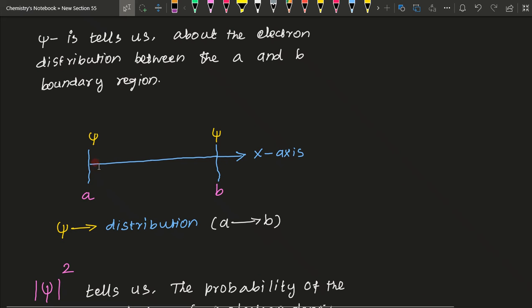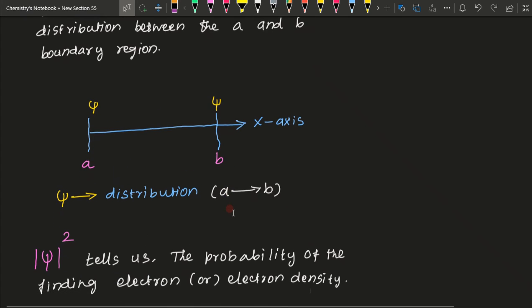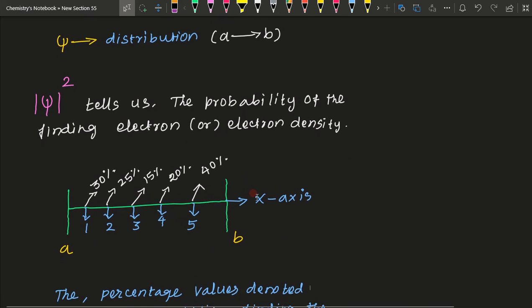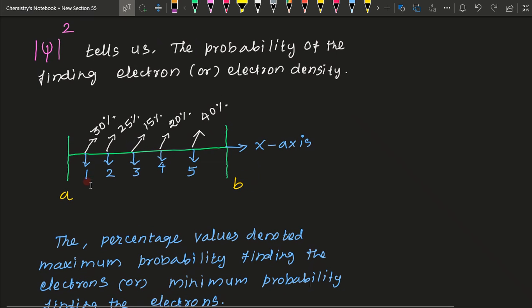But modulus of psi square tells us the probability of finding the electron, or the electron density, within the boundary between A and B. Here this place may be 30%, this place 25%, here 15%, here 20%, here 40%.